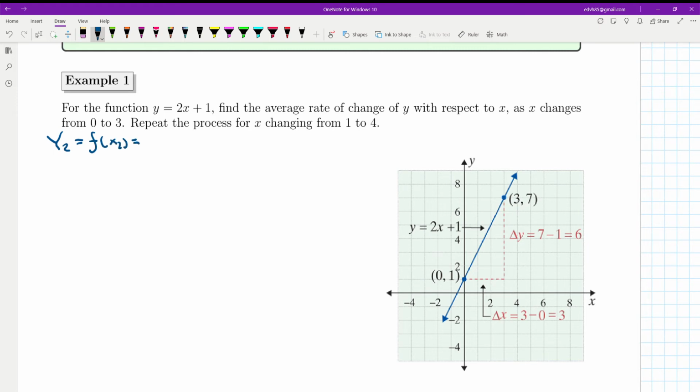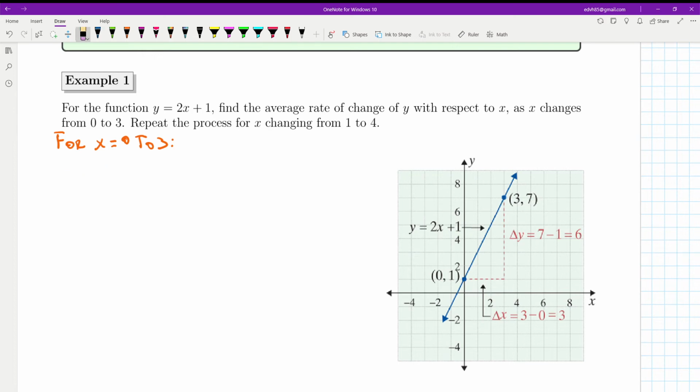Let's do it for x equals 0 to 3. Oh, wait a minute, let me do it the other way around.